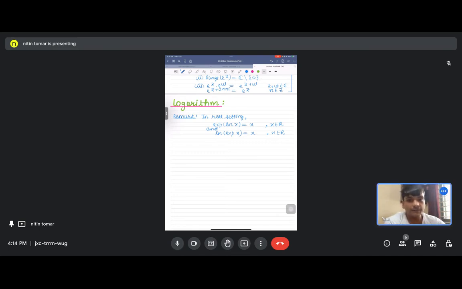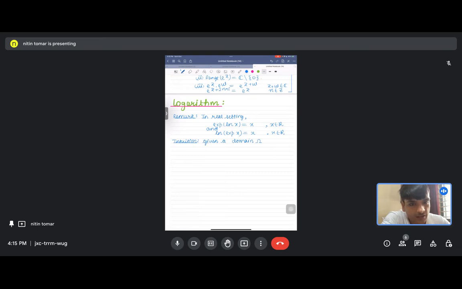Let us start. Let us try to replicate this relation in the complex setting. This builds up our intuition that we want a certain function. So what is the starting point? You'll be starting with the domain, right? We are in complex setting.